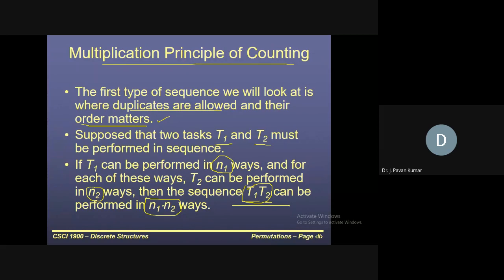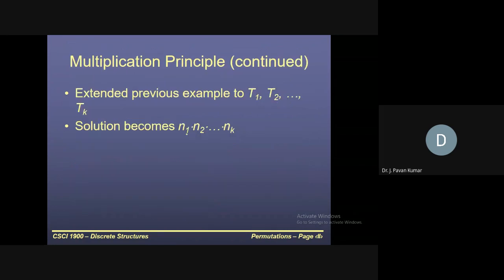Then in how many ways will we be able to do it? Again by using the multiplication principle of counting, it is n1 multiplied by n2 multiplied by n3 and so on up to nk. This is the result. Clear? Whenever we have k number of tasks, we will have this result.